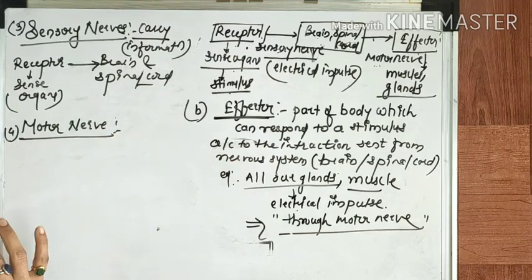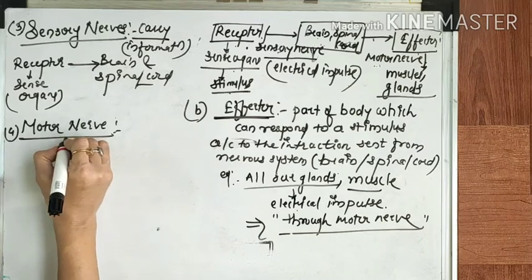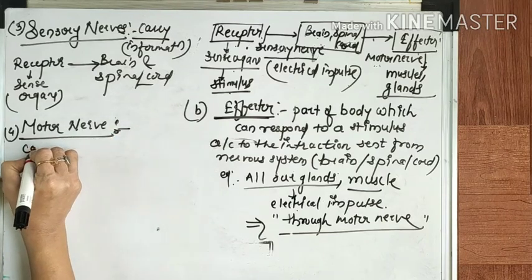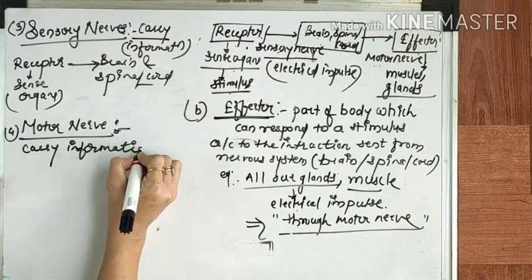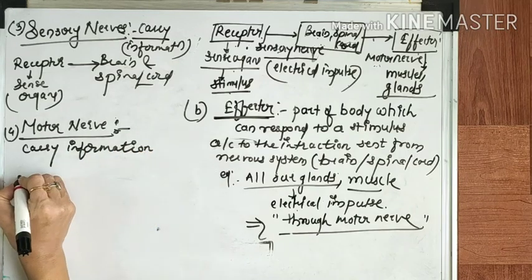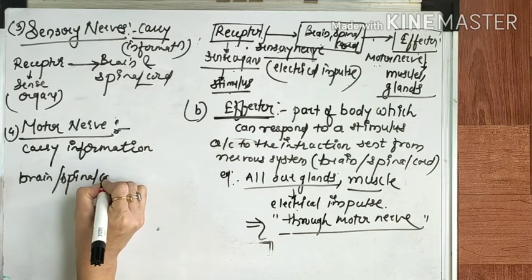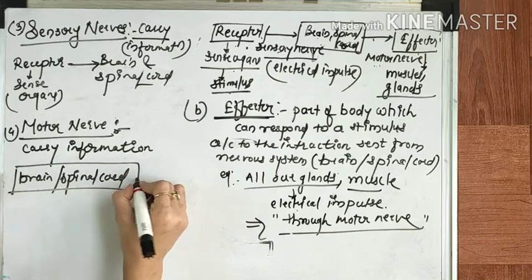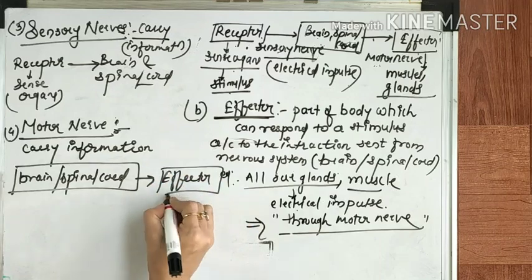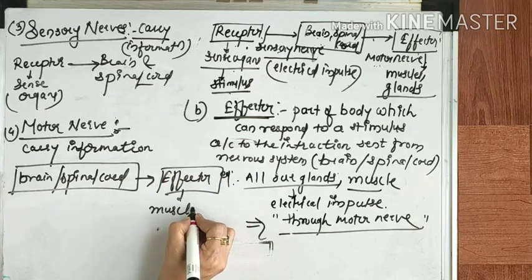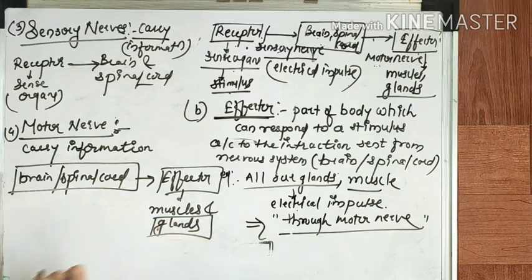Motor nerves are also nerves which carry information, all the nerves carry information, but motor nerves carry it from the brain and spinal cord to the effector. And what is an effector? Effector is nothing but the muscles and glands.